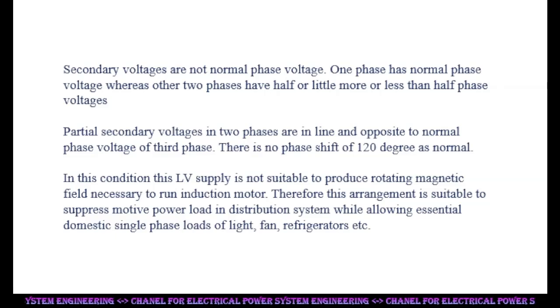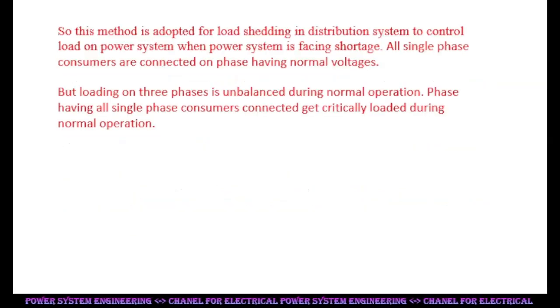Therefore, this arrangement is suitable to suppress motive power load in distribution system while allowing essential domestic single-phase loads of light, fan, refrigerators, etc. So this method is adopted for load shedding in distribution system to control load on power system when power system is facing shortage.